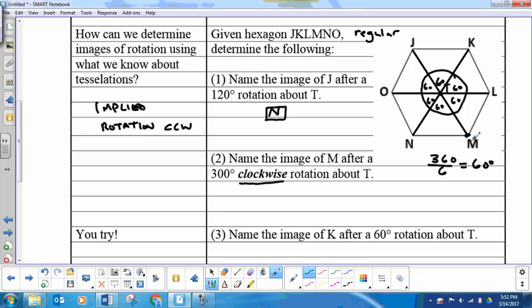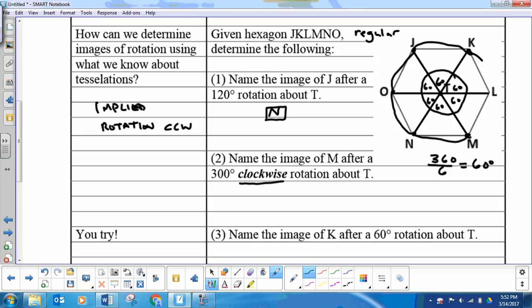So I'm going to start at M, and I'm looking for 300 total degrees. I'm going to count it off. To go from M to N gets me 60 degrees. N to O gets me to 120 degrees. I'm going to keep going because I need to get to 300. O to J gets me to 180. Then J to K gets me to 240.